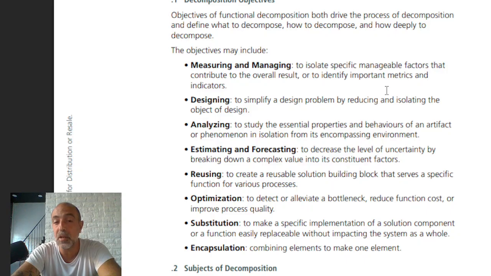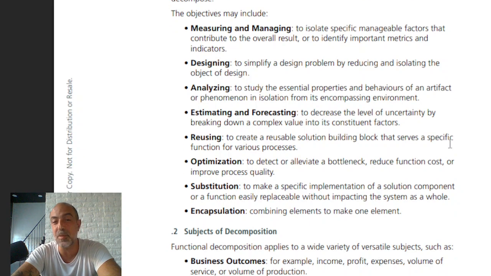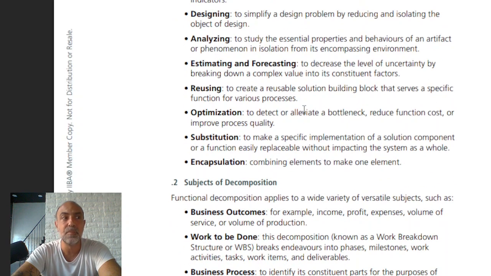So the objectives may include measuring and managing to isolate specific manageable factors that contribute to the overall result, or to identify important metrics and indicators. There's a designing part to simplify a design problem by isolating objects of design.